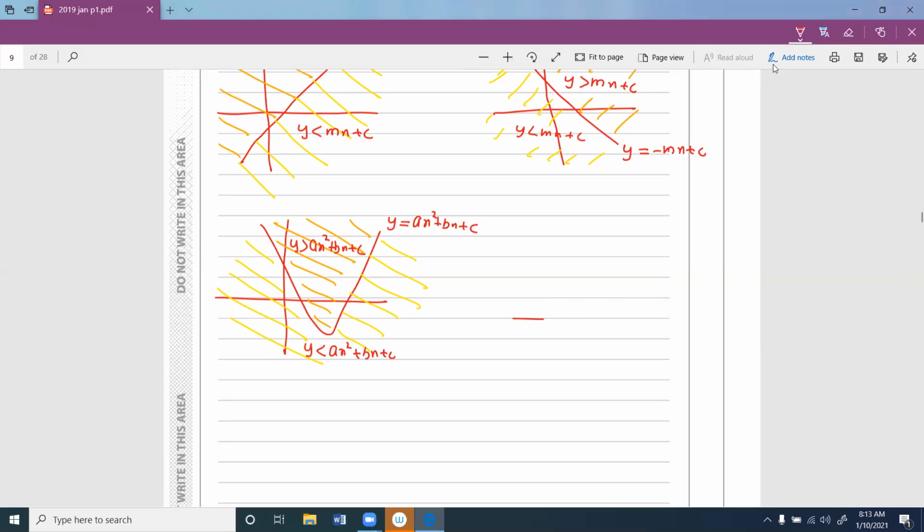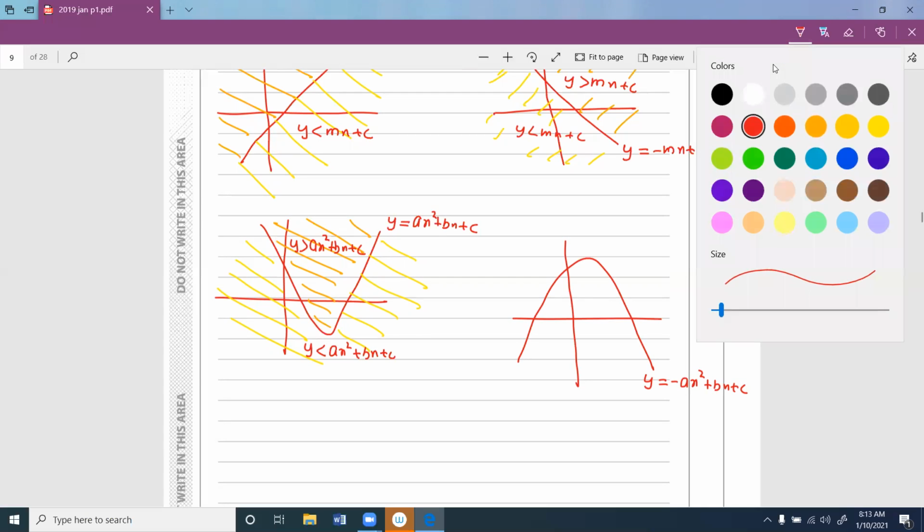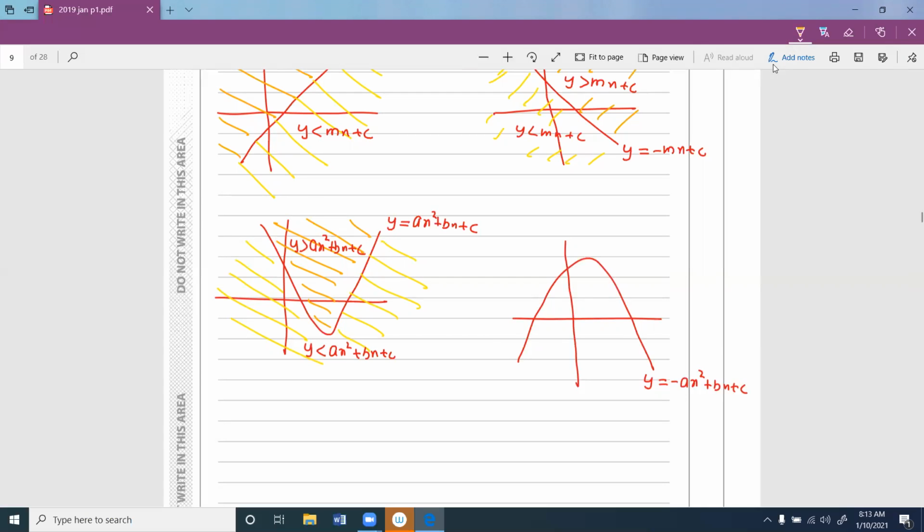With a negative coefficient of x squared, it comes like this. On this line, you can say y equals minus ax squared plus bx plus c, because when the coefficient of x squared becomes negative, it turns into a graph with a maxima. So again, this divides into two different areas.